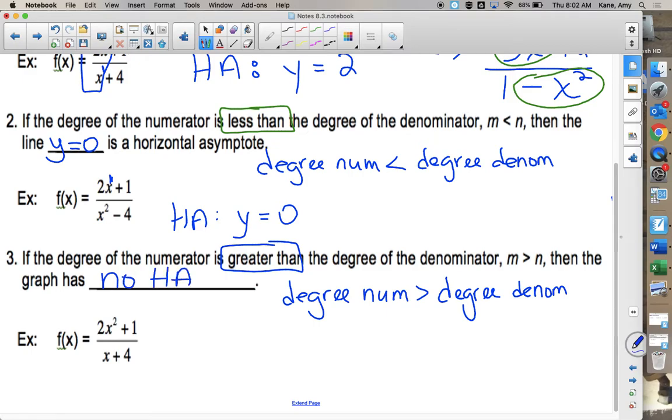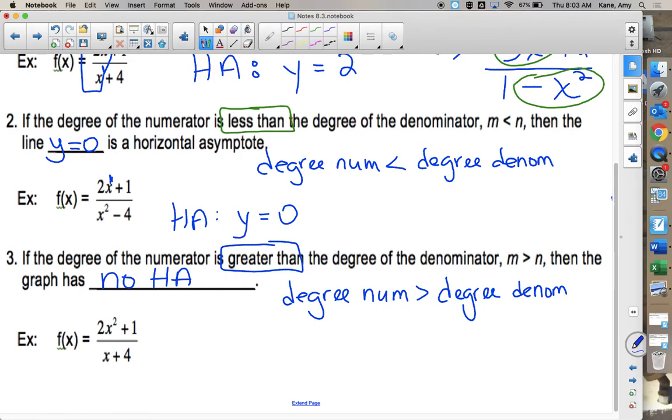The reason that happens is because now the number on the top is really big and the number on the bottom isn't. So now I have like 100 divided by 2 or 1,000 divided by 3. So the graph just keeps on going forever. It doesn't have an asymptote to stop it. The numbers don't get close to a value. So our value for y just gets bigger and bigger and bigger because you're squaring something on the top, but you're not doing that on the bottom.